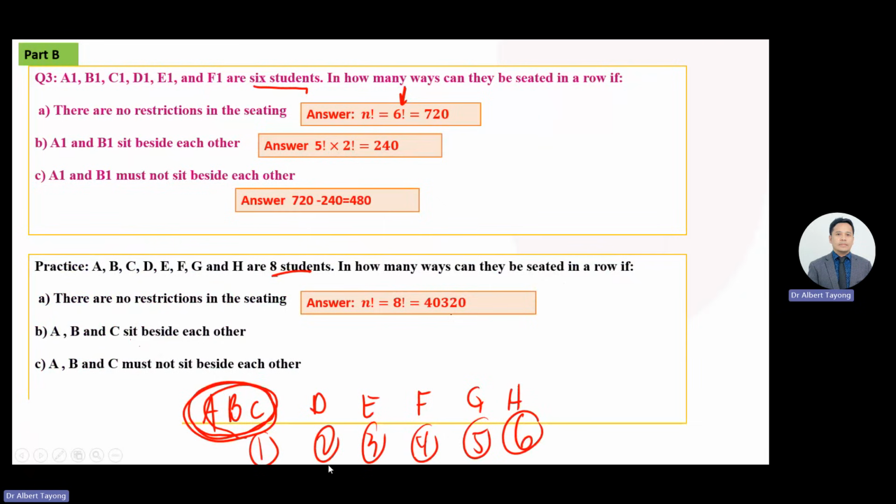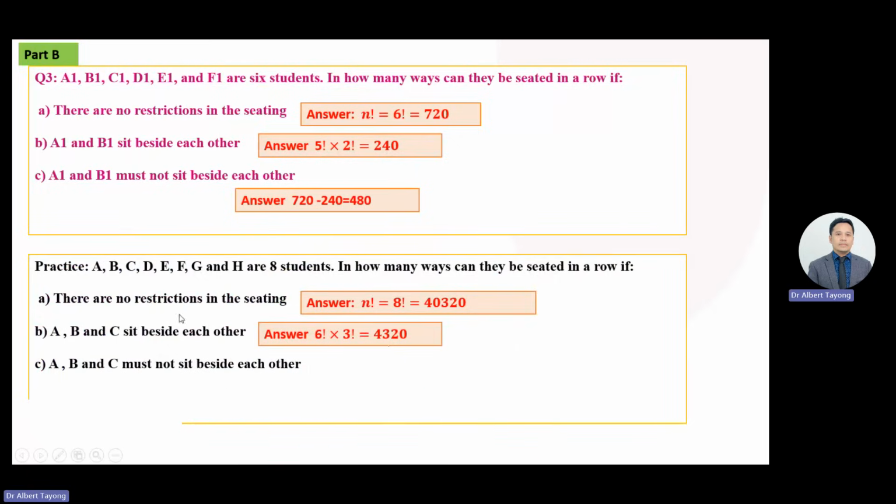That is 3 factorial. So we have 6 factorial for this group and D, E, F, G, H, times 3 factorial because of A, B, C. There are 3 students there, so 3 factorial is 6 ways they can sit beside each other. So the total is 4,320.